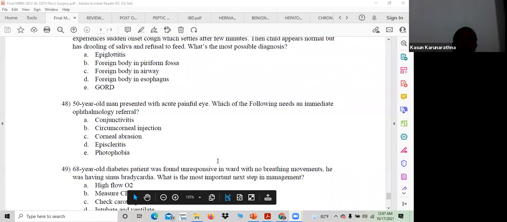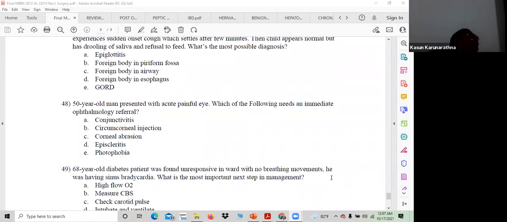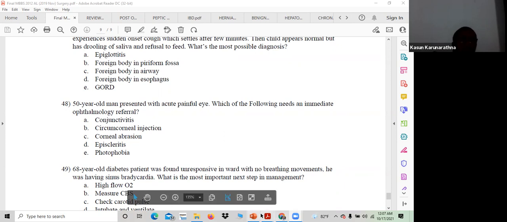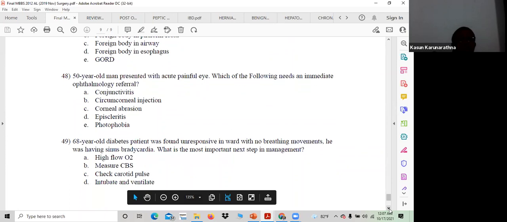That is what occurs in glaucoma. Angle closure glaucoma, no? Circumcorneal injection. Right? You go and check with your ophthalmology notes. This should be the answer, right?